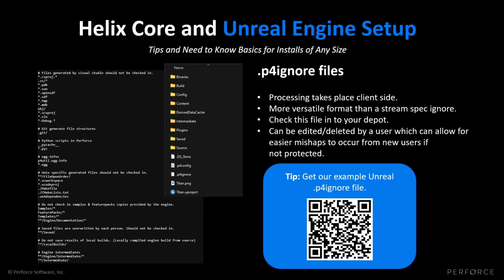So, a couple of other things. Ignoring files is very important as well, particularly with Unreal. You've got a few folders that you definitely don't want to check into your Helix Core repository because they're either specific to your user or they just add a lot of noise. These files are going to change a lot, and it's going to look like a lot of work and changes have been done, but it's not really relevant to everyone.